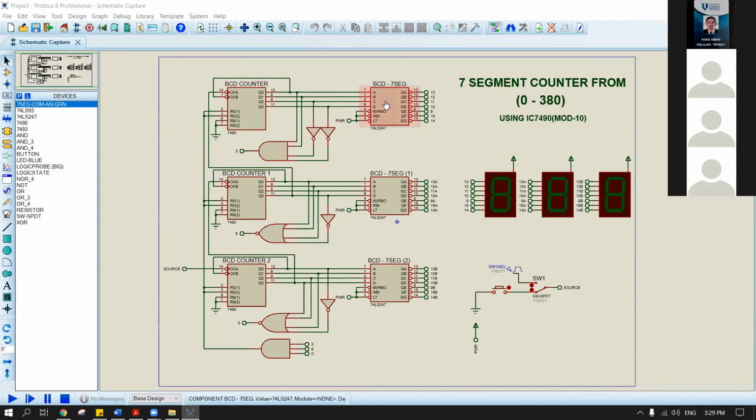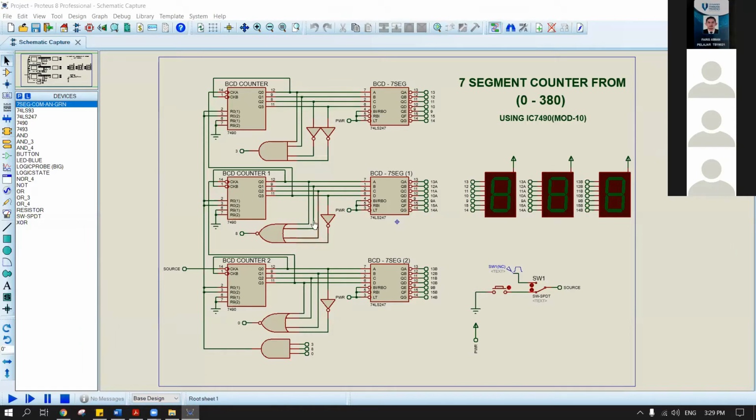So we have to use this type of IC to generate a 7 segment counter. Our main purpose here is to design a counter from 0 to 380.